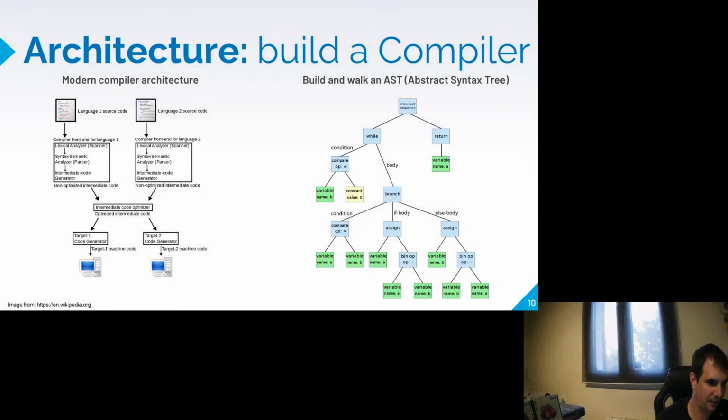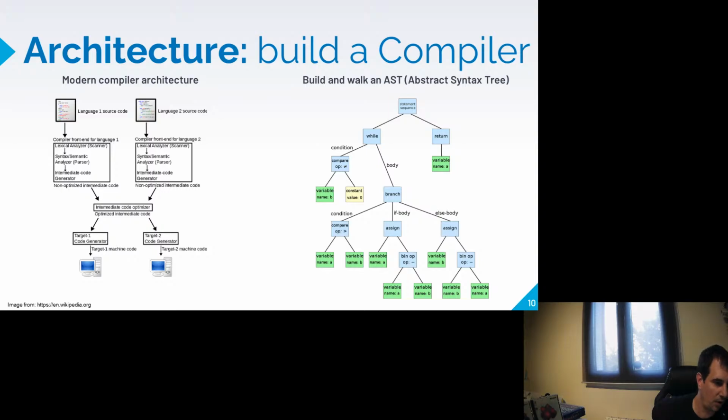Now we enter the most interesting block, that is architecture. How RAD Basic is built. First, let me introduce how a compiler works. A modern compiler architecture, as you can see on the left, is formed of two parts: a front-end for a language, and a back-end.